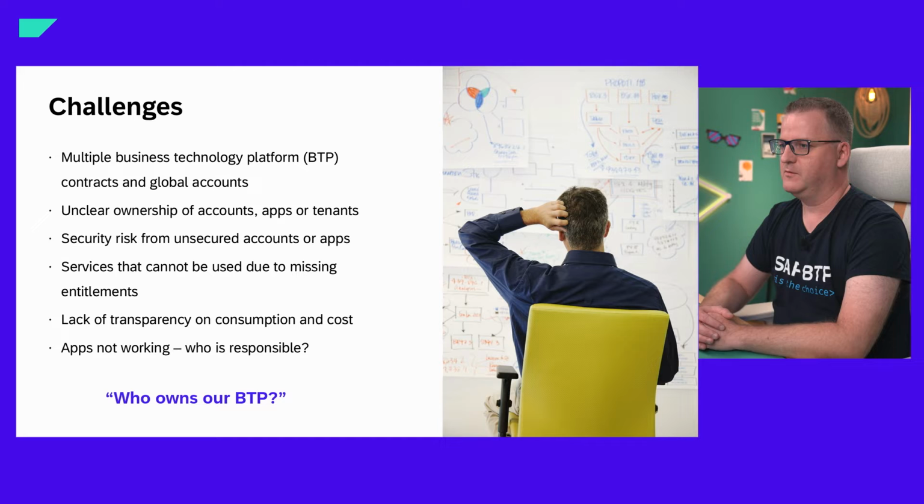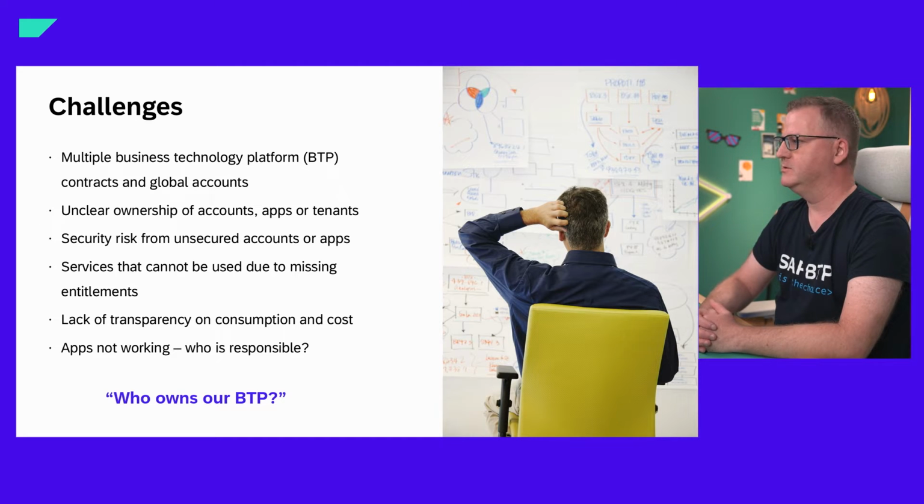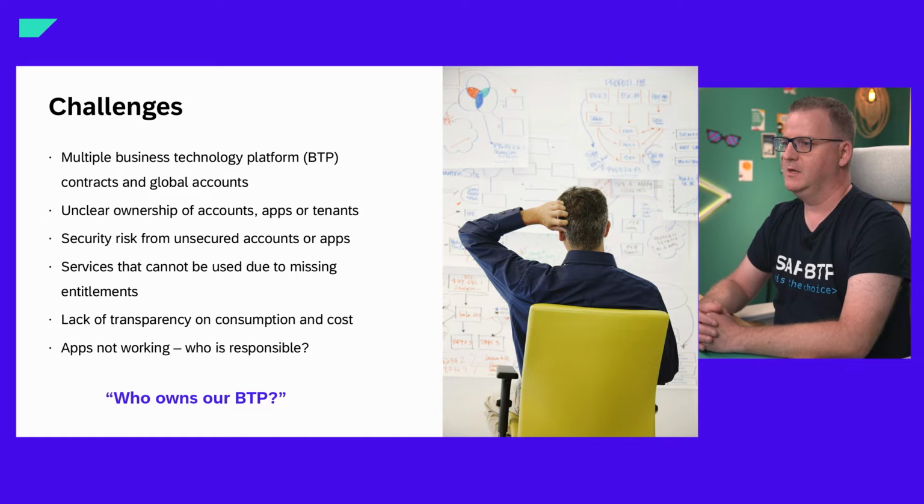And this brings some challenges, what we hear. Customers might have different contracts for BTP assets and also different global accounts resulting from those contracts, especially if multiple departments within an organization are using BTP. This results sometimes in unclear ownership of accounts, apps, or tenants, which can also lead to security risks if apps or accounts are not secure. In some cases, services cannot really be used or applications cannot be used due to missing entitlements.